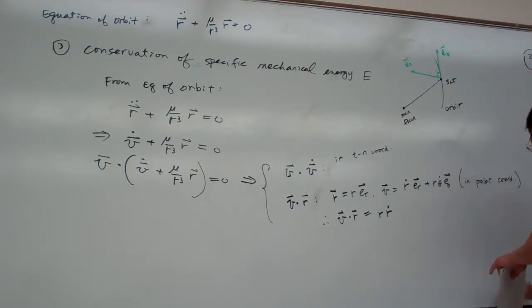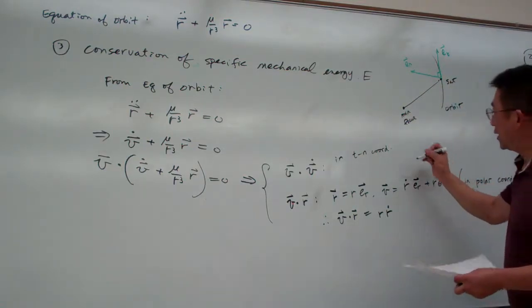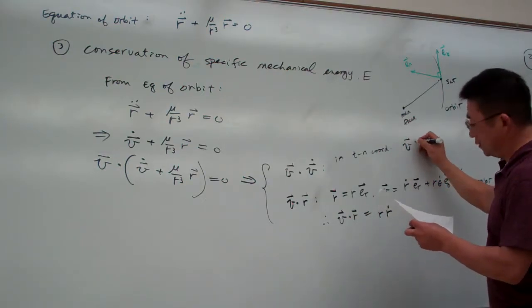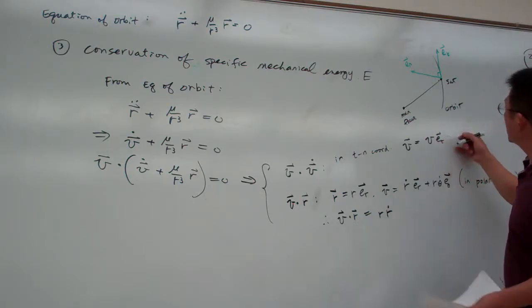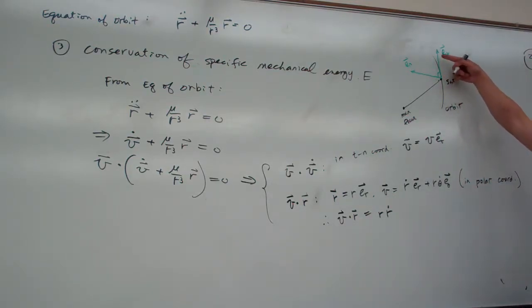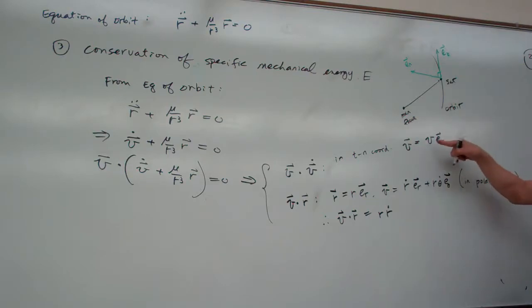In this coordinate system, we can describe v equal to v e_t, because velocity is right in the tangential direction, so its magnitude is multiplied by the unit vector of the tangential direction.